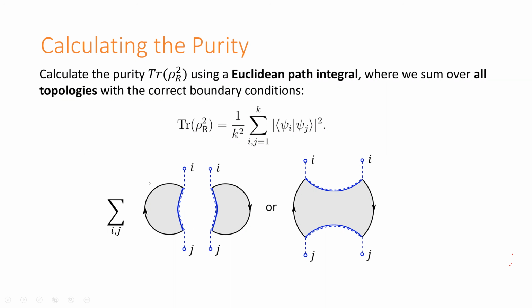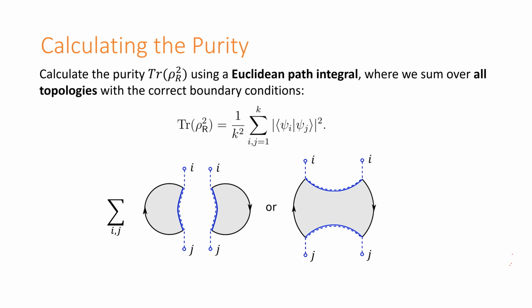In this case, the boundary conditions have two copies, psi i, psi j. You have an end of the world brane inserted in state i, then a Euclidean boundary for a while, and then an end of the world brane inserted in state j. And we have two copies, one complex conjugated, so we have these two boundaries with Euclidean time going in the opposite direction.